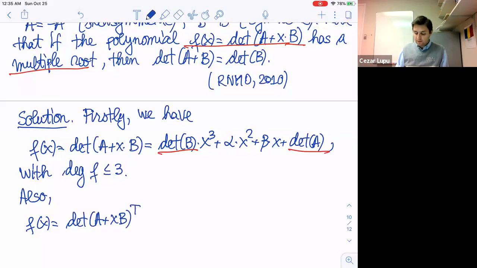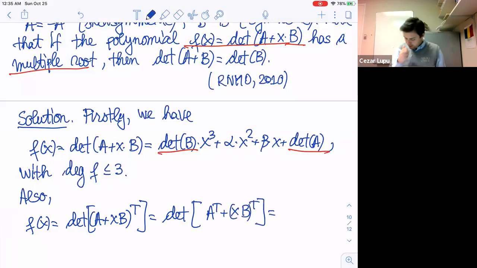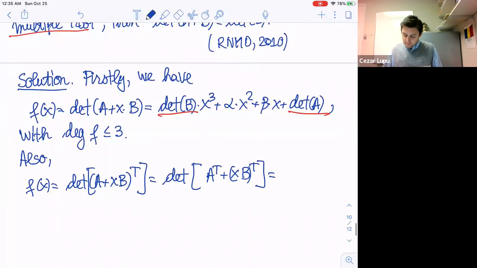So the determinant of this matrix transposed, which is nothing else than the determinant of A transpose plus xB transpose, by applying the properties of the transpose of a matrix. This would be A transpose plus x times B transpose.